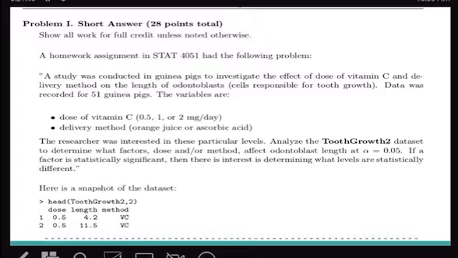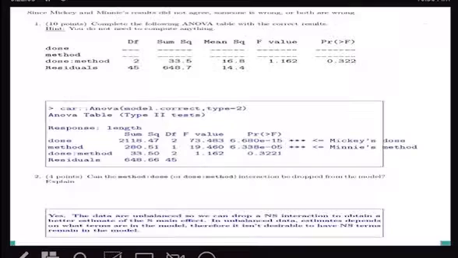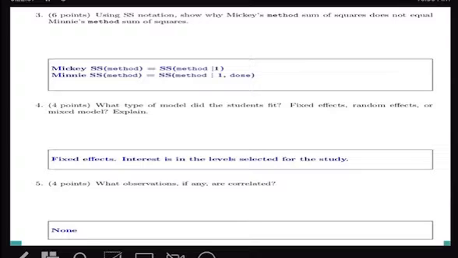Those are the two things that may point towards random effects. But since they did not tell us that, we're basically dealing with a fixed effect. Which means they only have 3 doses of vitamin, nothing more, and they only have the delivery methods, nothing more. And that automatically qualifies it to be a fixed effect model.